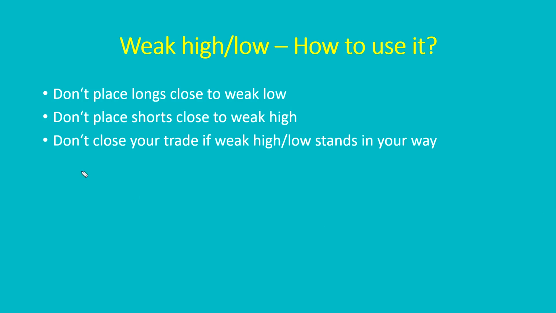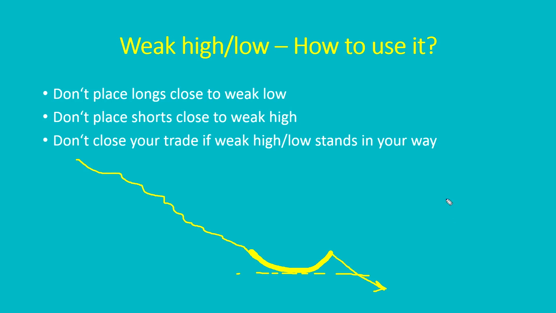The same thing goes if you are in a downtrend, you are in a short position, and then there is a weak low, then there is not really a reason to quit your position, because most likely the price will continue downwards to test the weak low.